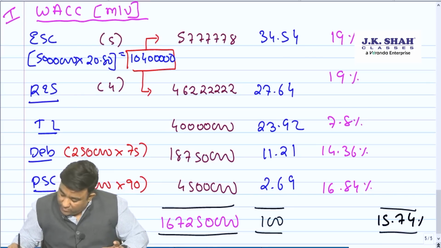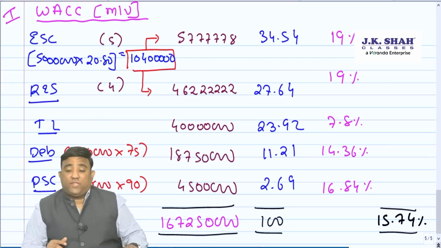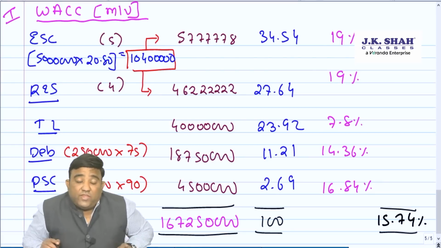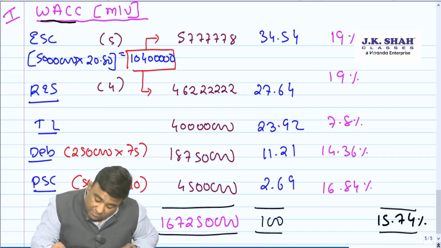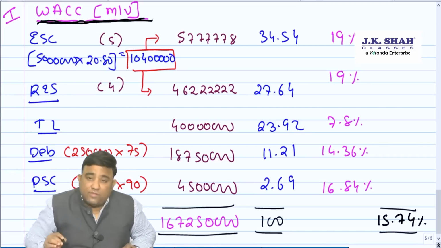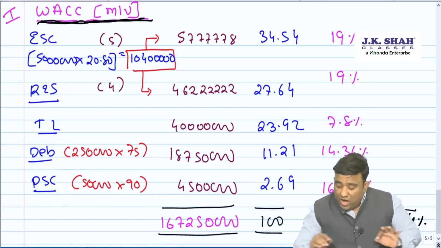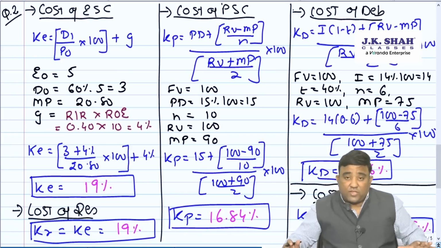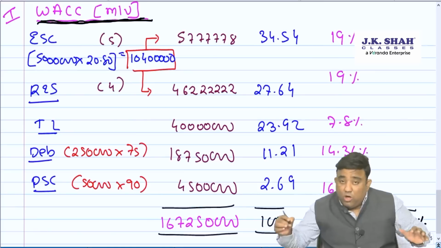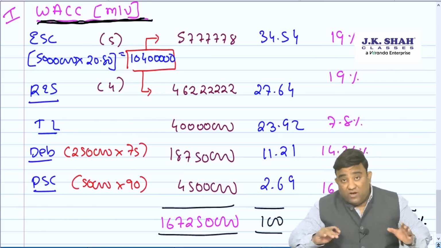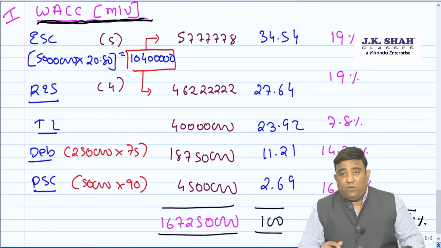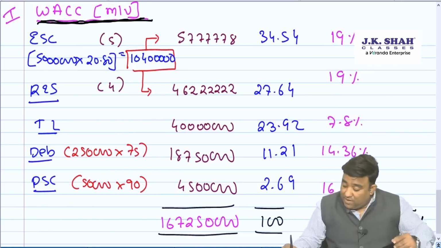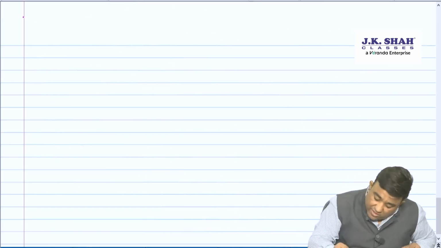Student, that gives you WACC of 15.74%. This is as per market value weights. Clear everyone? Amazing. All the 5 short sums in one stroke along with WACC working. Conversion of book value to market value was one part. The second part to follow is again very superb.